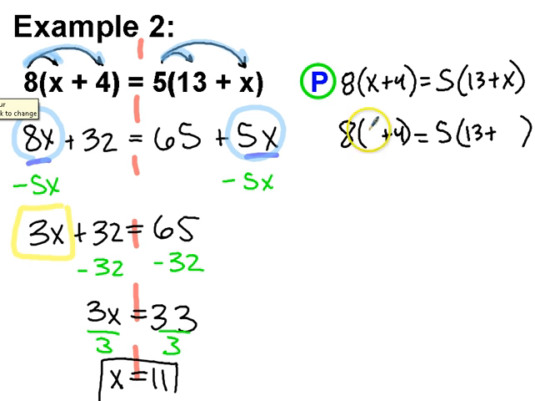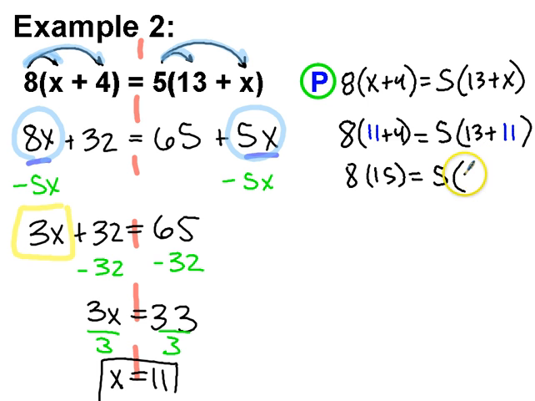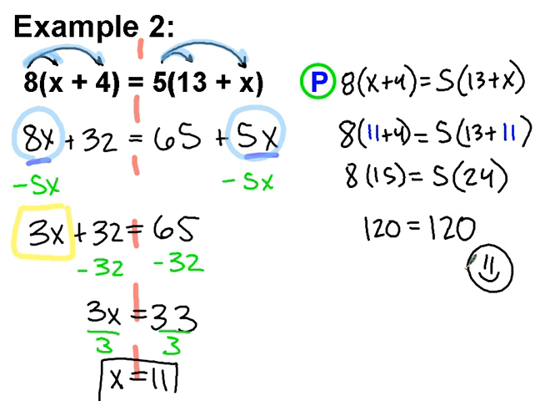We are going to substitute in 11 into both of those. As we evaluate, order of operations says to do the parentheses first. So 11 plus 4 would be 15, times 8 is equal to 5 times 13 plus 11, which would be 24. 8 times 15 would be 120. 5 times 24 also would be 120. So I can see, again, pretty darn good answer.